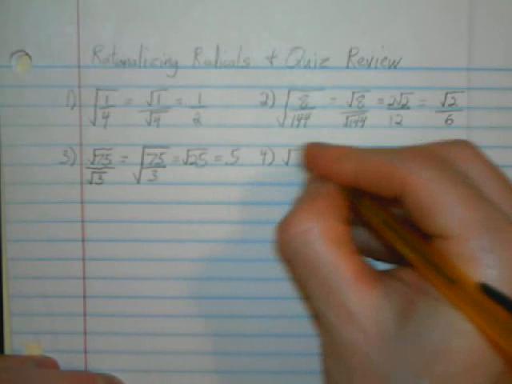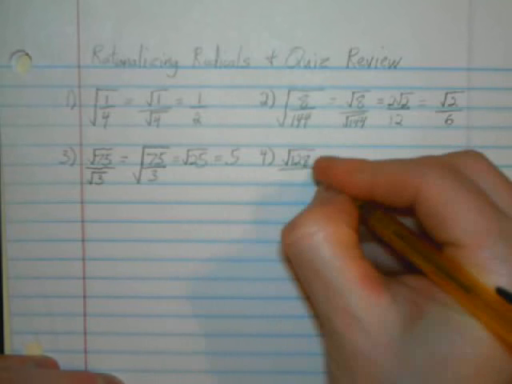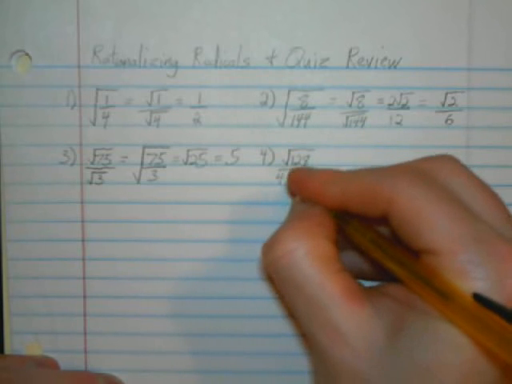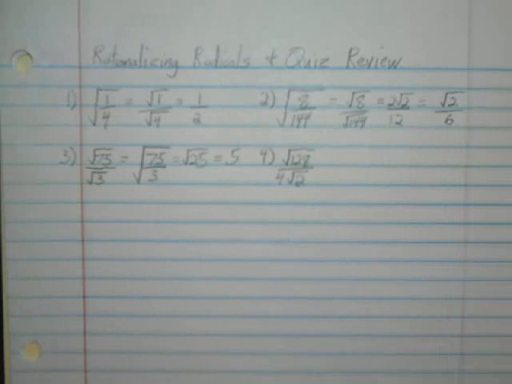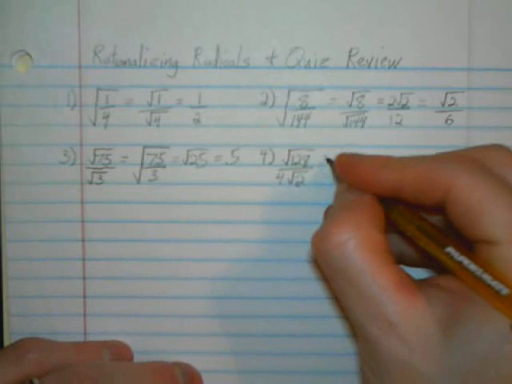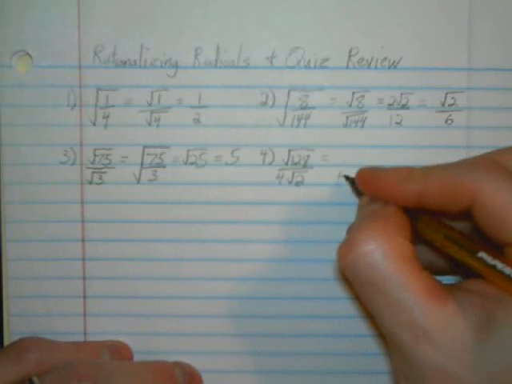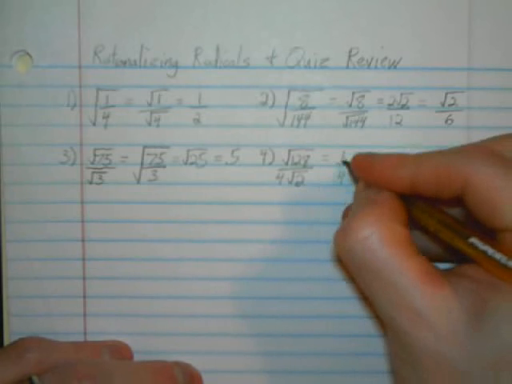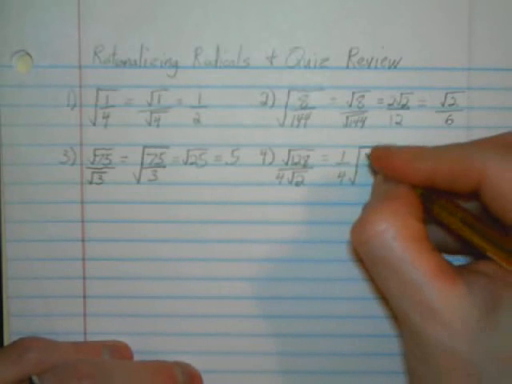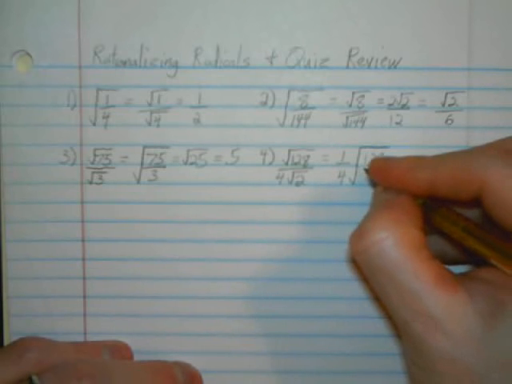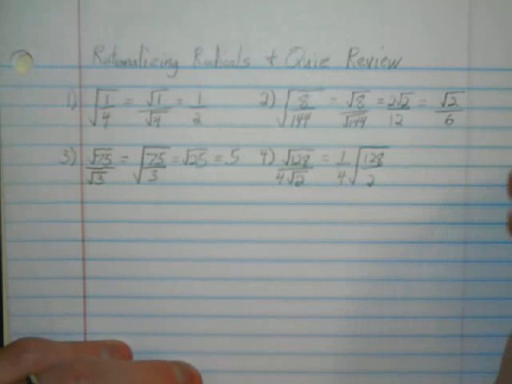Lastly on this row, I see the square root of 128 divided by 4 times the square root of 2. Now, just like in number 3, I still can combine that to be one big square root. The only thing I have to do here is treat that as 1/4, so that 4 is going to stay in the denominator.